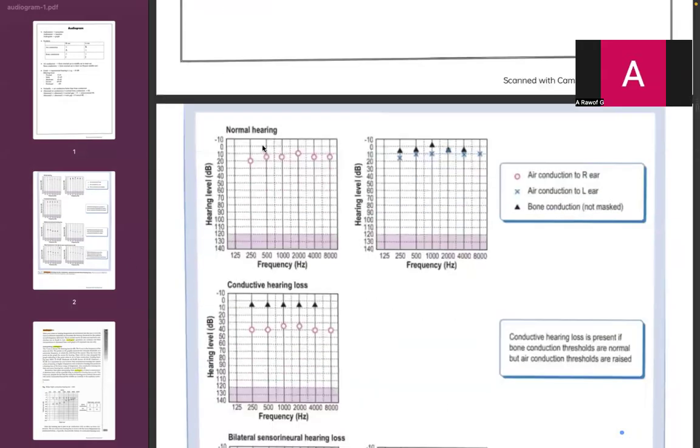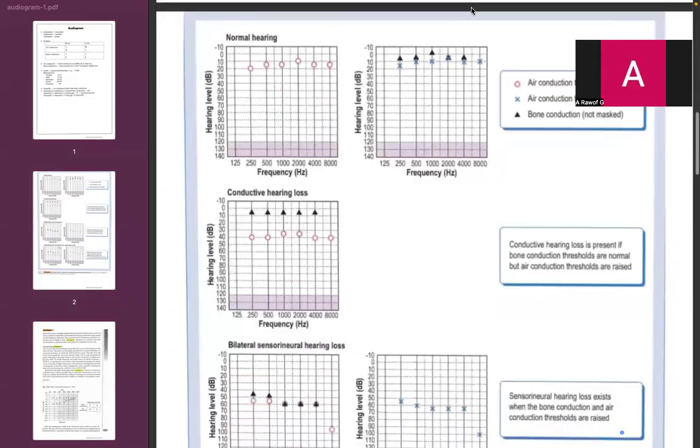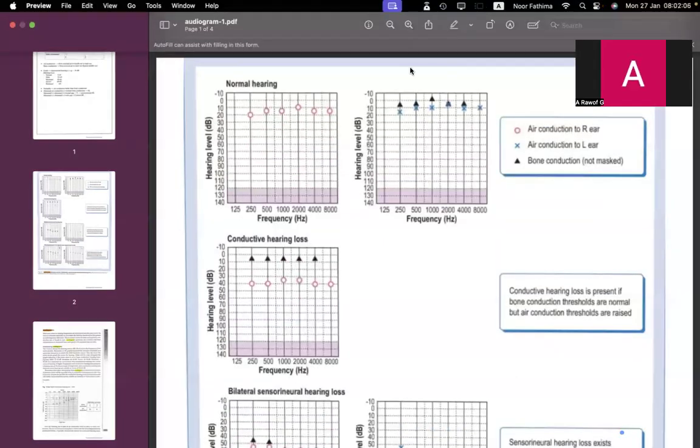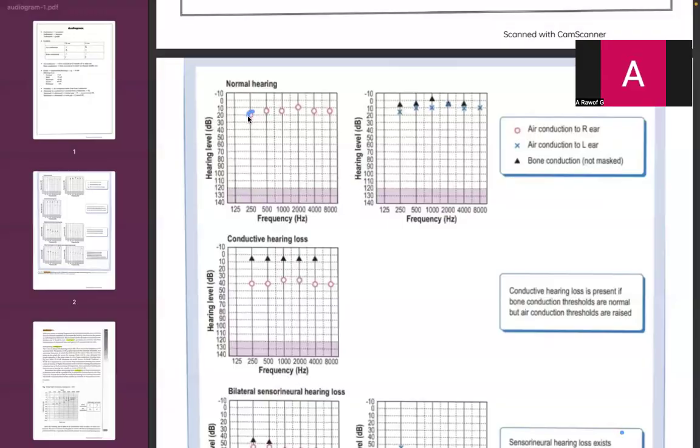Now again, normal hearing. Here, this is the right ear, represented by red color, and this is almost 20 decibels. This is within 20 to 25 decibels, so this is normal hearing. Now here, let's draw a line for 20 decibels.